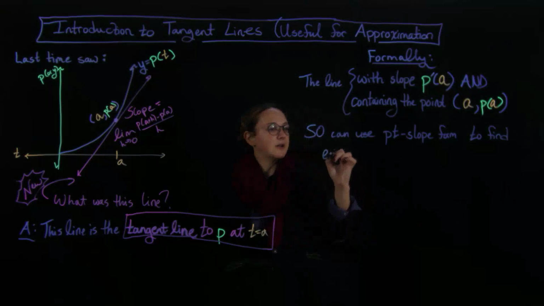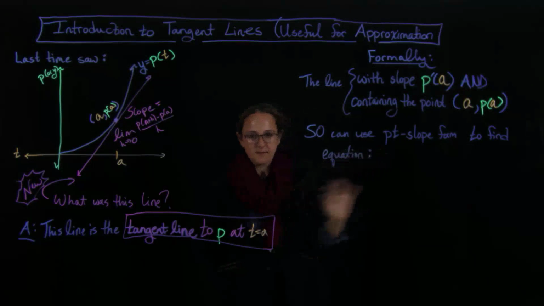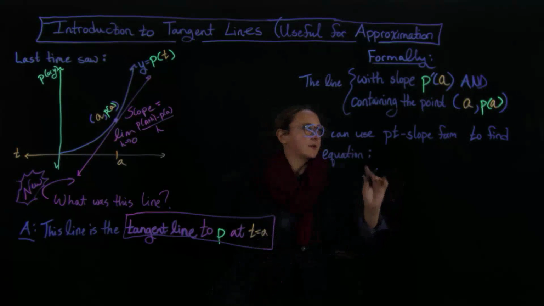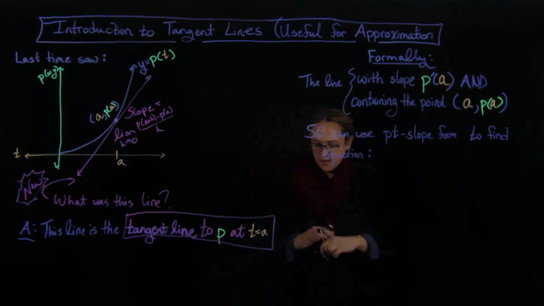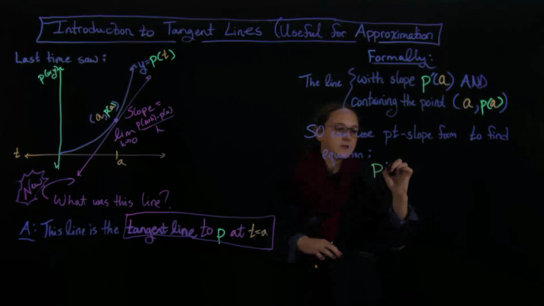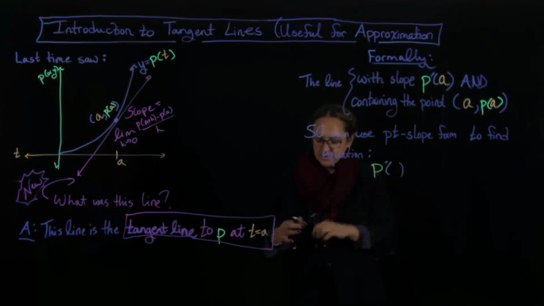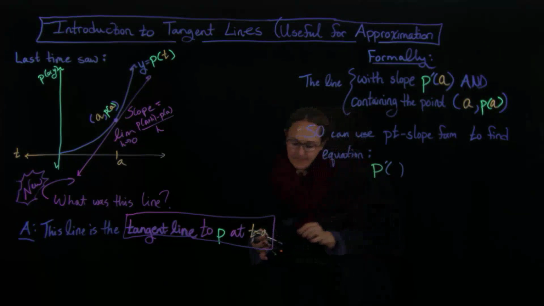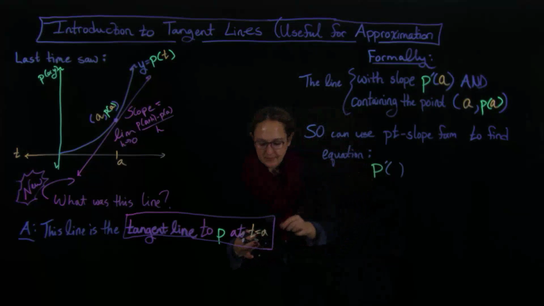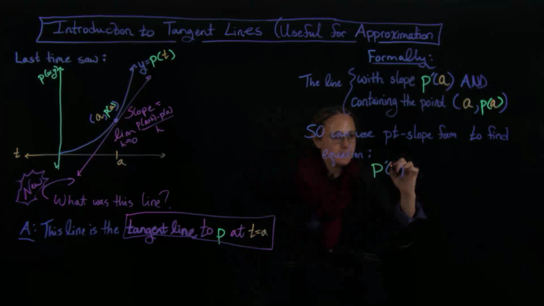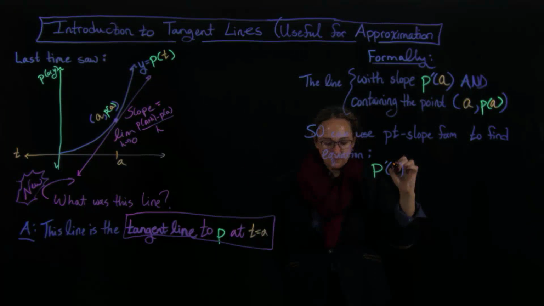When I was taught the point slope form, I was taught it as some kind of random formula, and I could never remember it and found it very confusing. So I like to do this a little bit differently. What does this point slope form actually look like? Well, this is p prime of a.